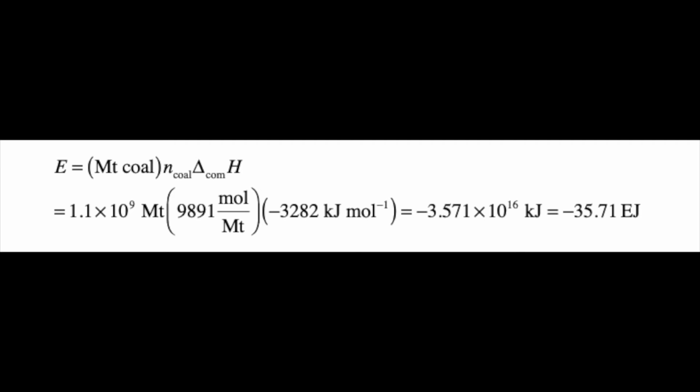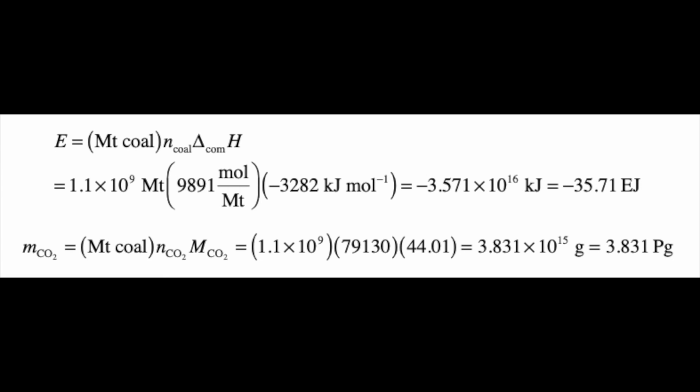That will just be the amount of coal times the number of moles of coal per metric ton times delta H on a molar basis. That leads to 3.57 times 10 to the 16th kilojoules, or 35.7 exajoules released in the form of heat.